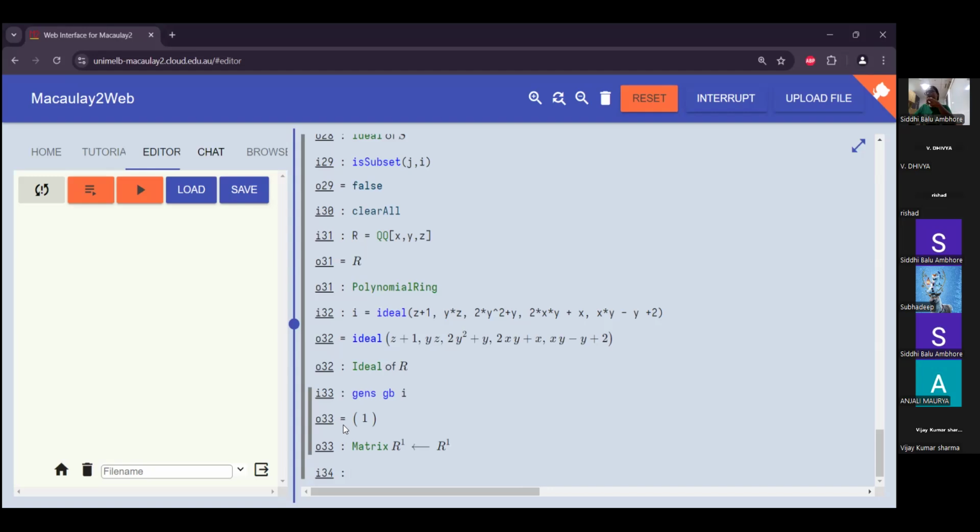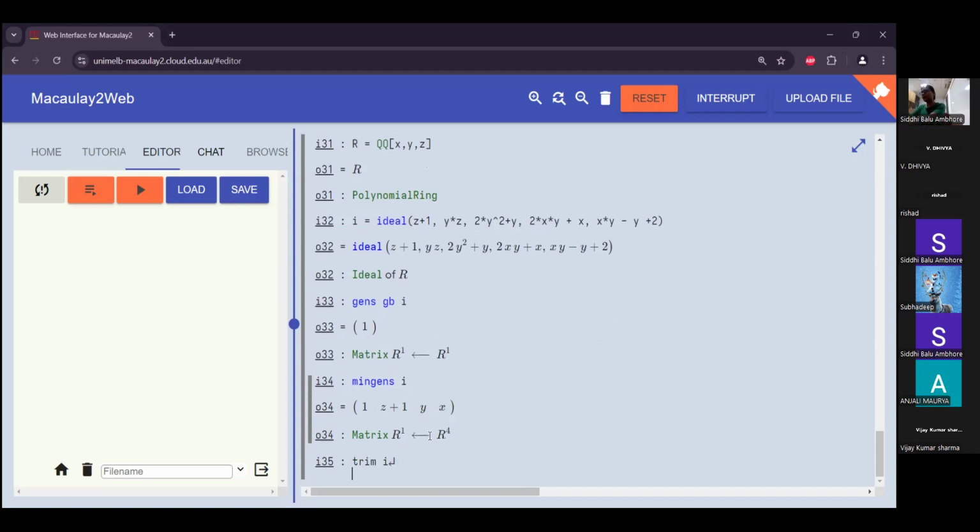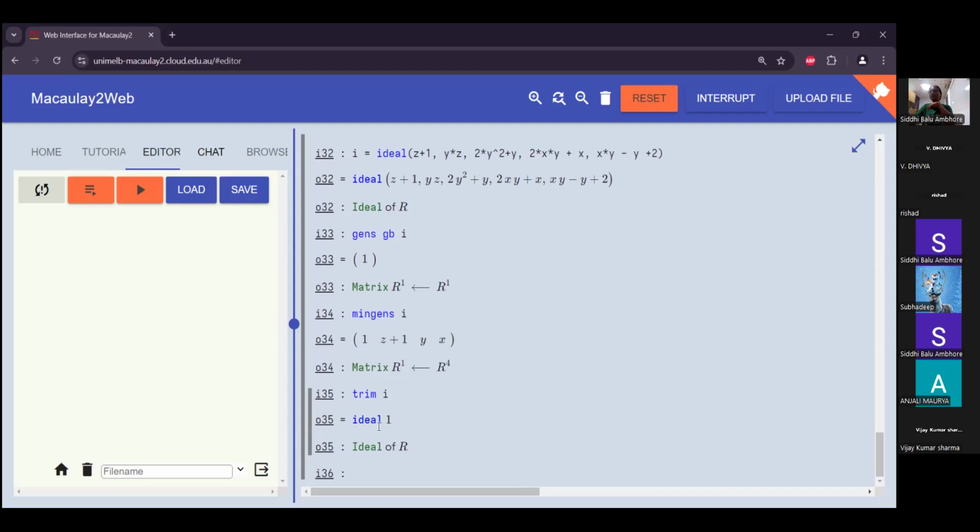Okay, because when I ask Macaulay 2 for the Gröbner basis, it gives me the reduced Gröbner basis. Okay, and let us see what it gives me when I say mingens of I. It gives me these 3: 1, z plus 1, y and x. But when I do trim I, it just shows me this.